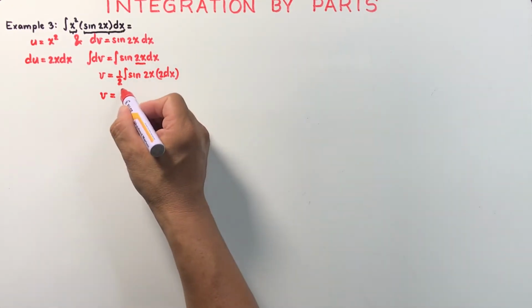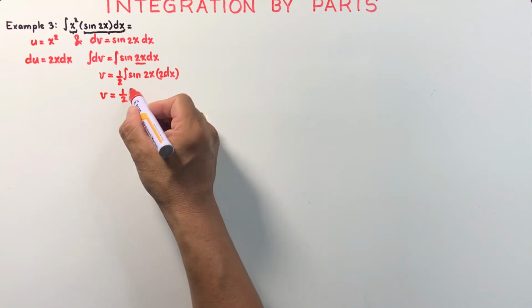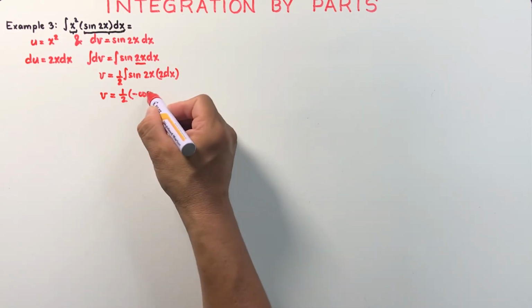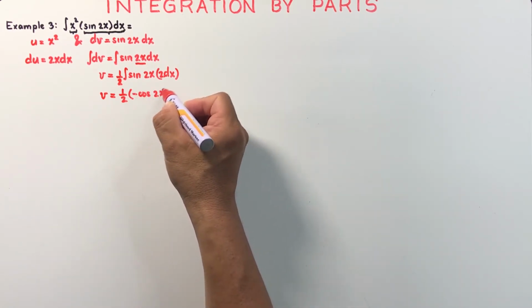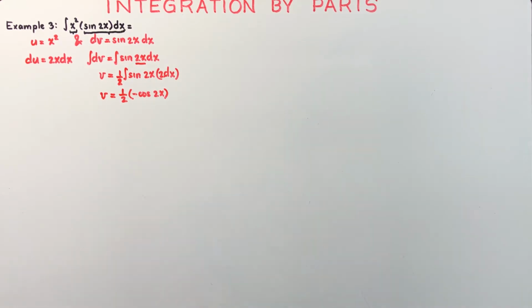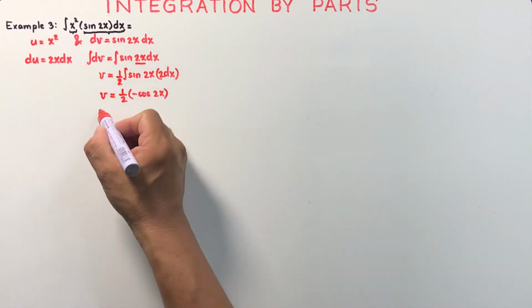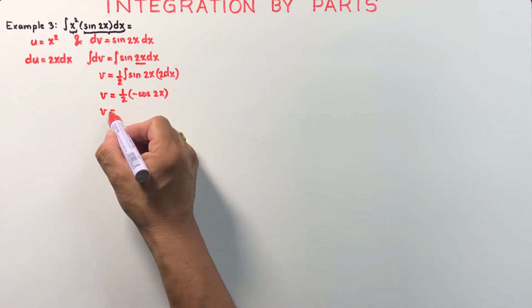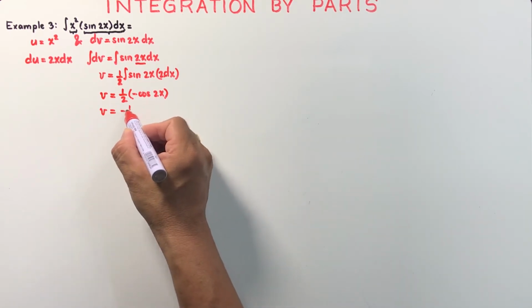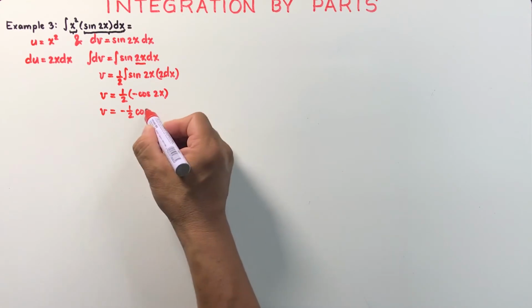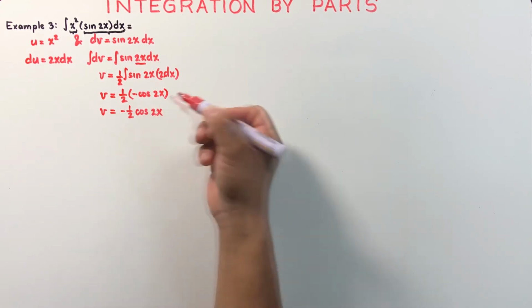So we have 1/2 of the negative of cosine 2x, because we know that the integral of sine is the negative cosine. So our v here is just negative 1/2 of cosine 2x.